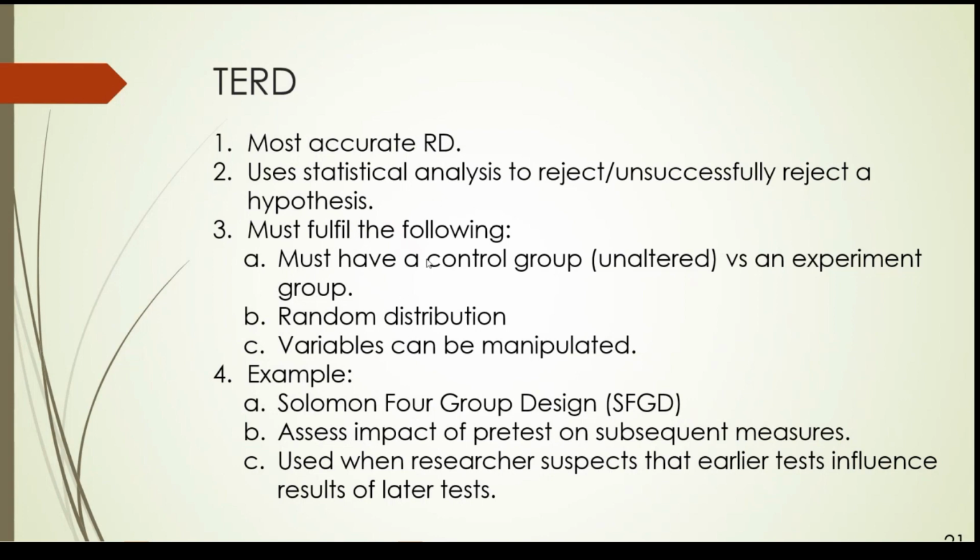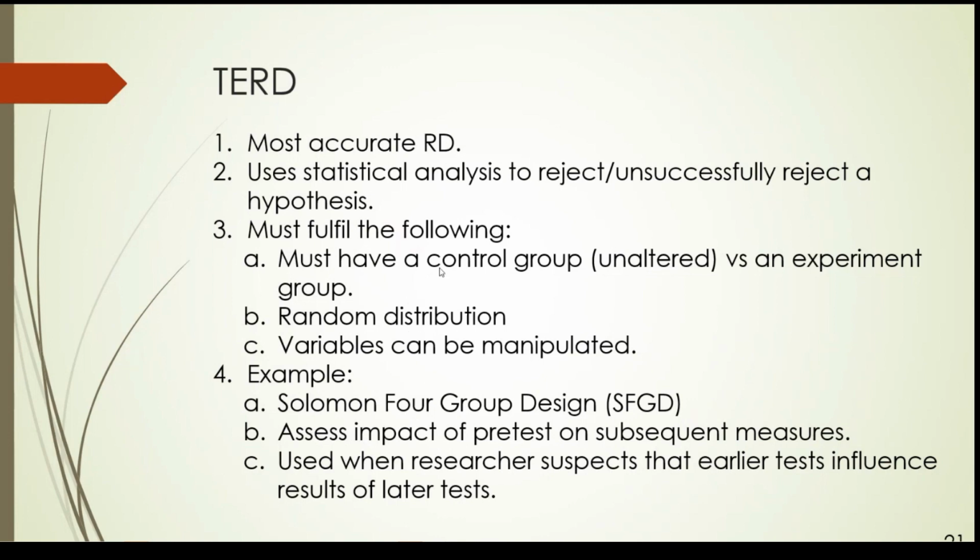Okay. You have a control group and experiment group. In a control group, you do not introduce any of the factor. In an experiment group, you introduce a factor and we want to see whether there will be differences or not after that, before and after. We want to establish the cause and effect relationship. And both groups, the members of both groups, you must randomly select from the sample.